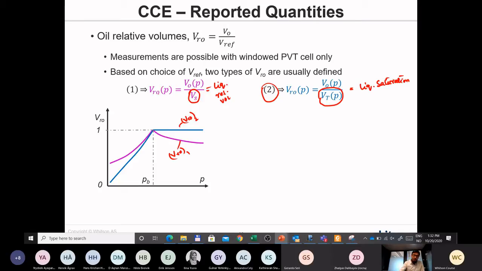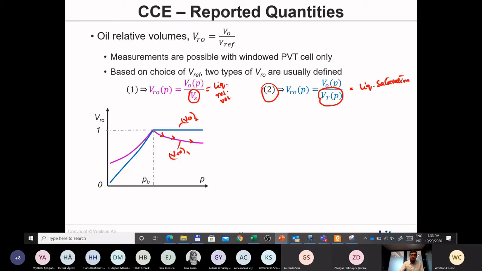Now, if you look at this VRO 1, it is exactly equal to 1 at the saturation pressure. But as we go above the saturation pressure, it is decreasing depending on the compressibility of the oil, because Vs is now the constant, which is the maximum oil volume you can get, at saturation pressure.